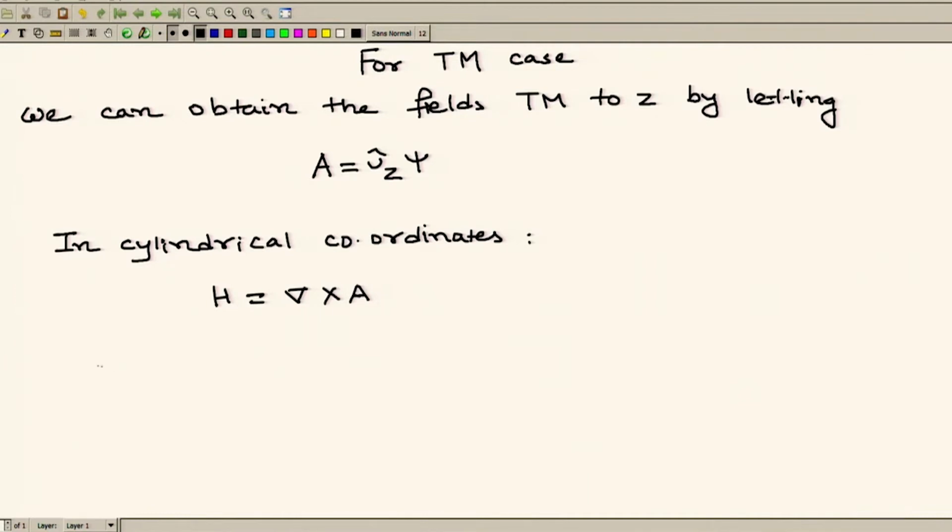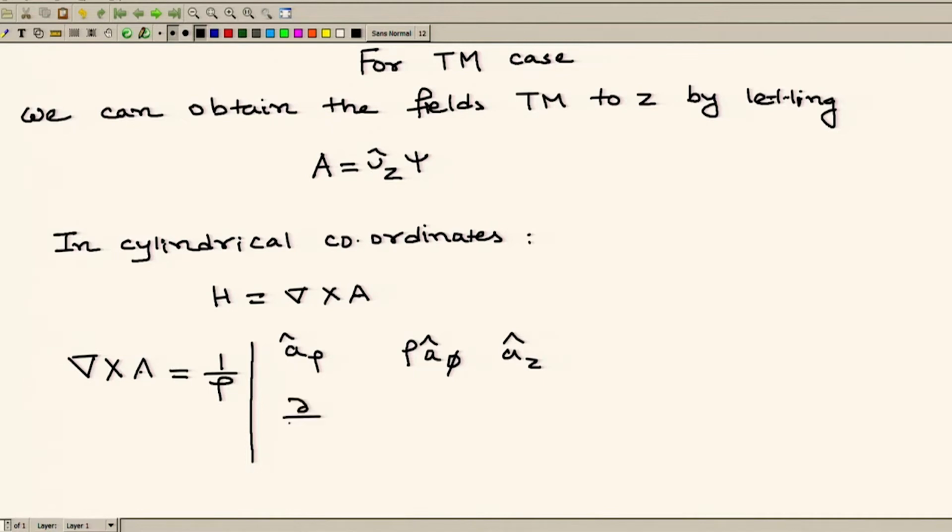So curl of A equals 1 upon rho, and then we need to perform the curl operation. This is A rho, rho A phi, A z, then del del rho, del del phi, del del z, and this will be 0, 0, and psi.